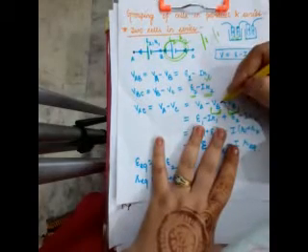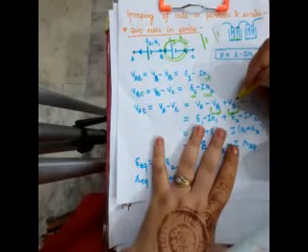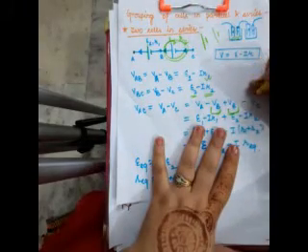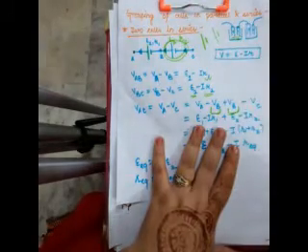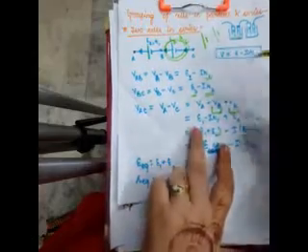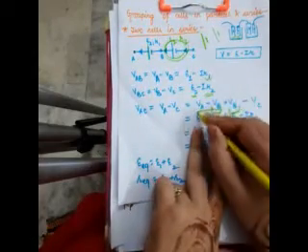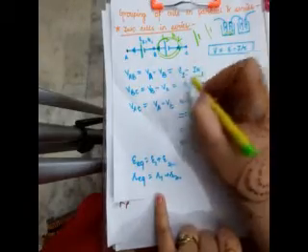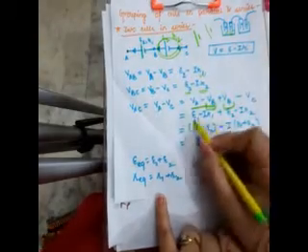So VB minus VB plus. After that, just see VA minus VB, you put the value from here to here.